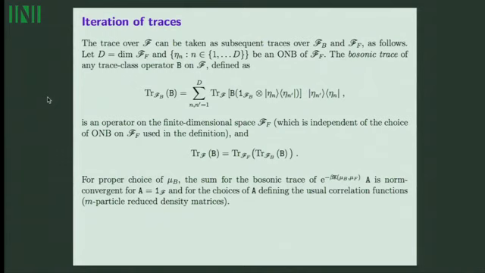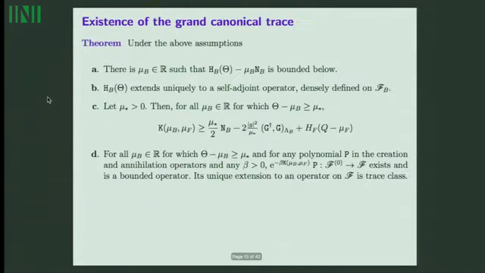Okay. And so here is a theorem that finishes the preliminaries. You can show that this operator is bounded below, and because it's bounded below and symmetric densely defined, you can use Friedrichs extension to extend it uniquely to a self-adjoint operator on the whole space.